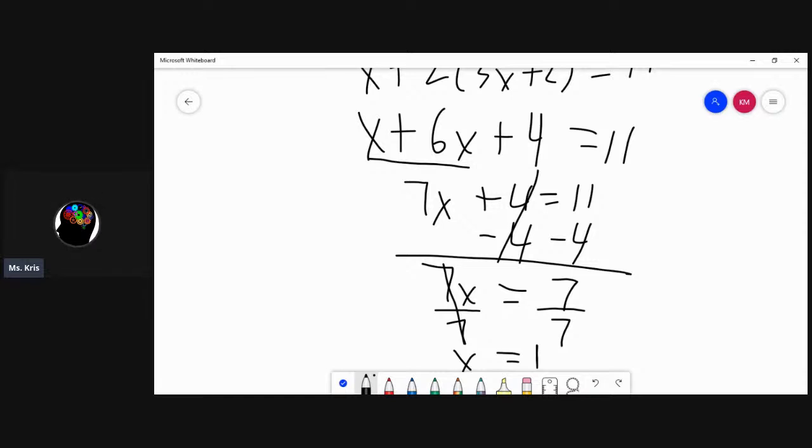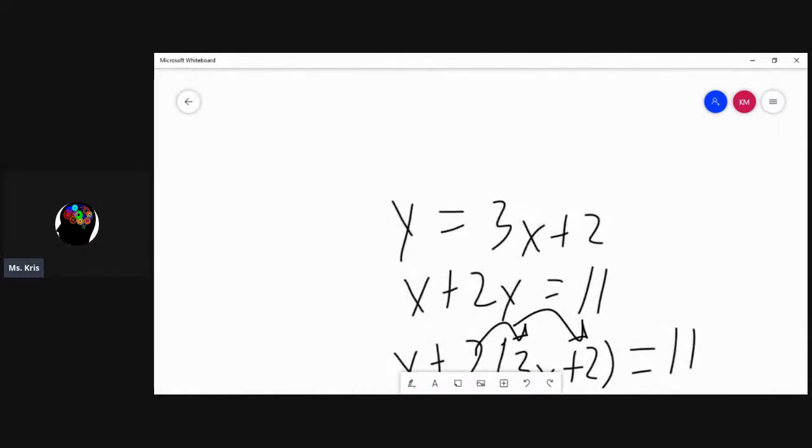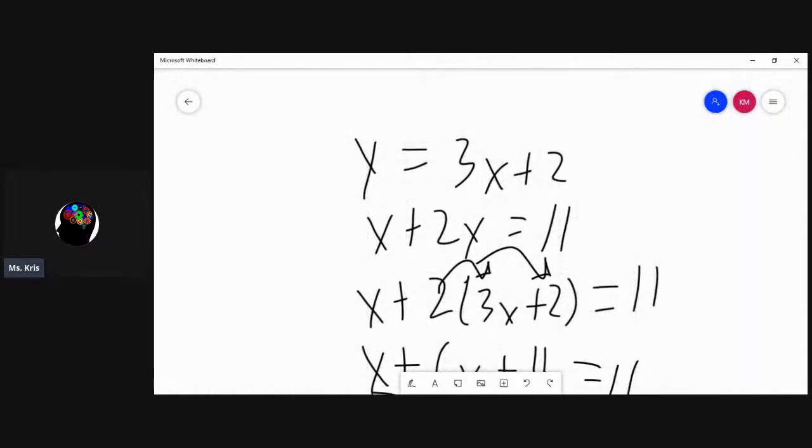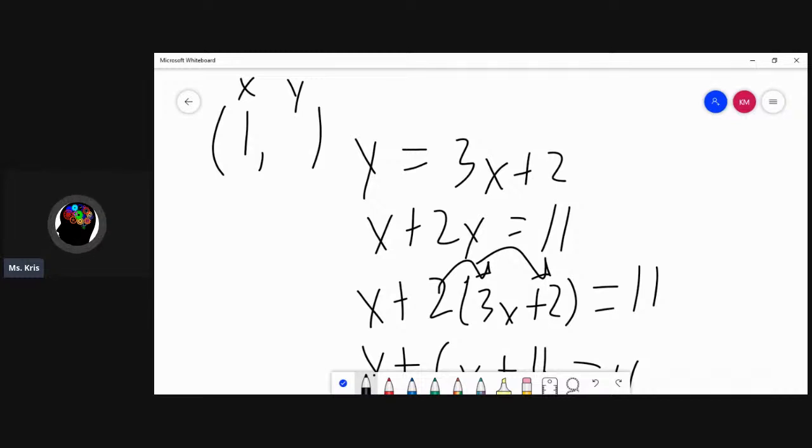Now, x equals 1. So the first part of my coordinate is x, and my x is 1. So now I found my x, I must now find my y. I can either use the one that I substituted from, or I can use the same equation that I just used to solve for x to find y.